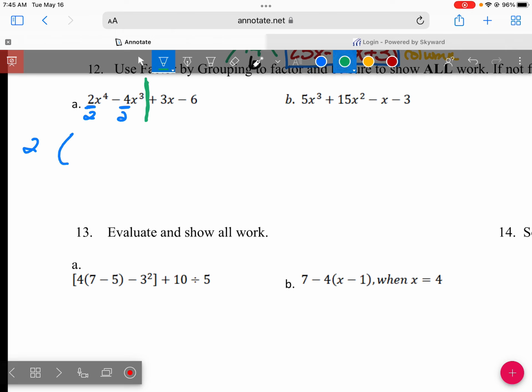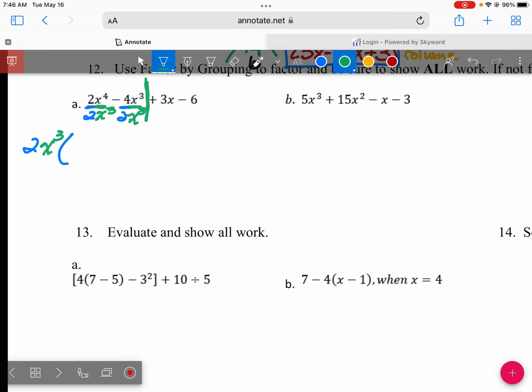So divide by 2, factor that 2 out front. Okay, and then look at your variables, x to the 4th, x to the 3rd. The smallest amount. It's like you want to factor out the smallest amount that's common to both. So that's going to be an x to the 3rd.